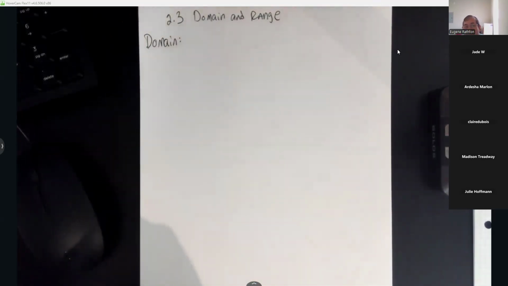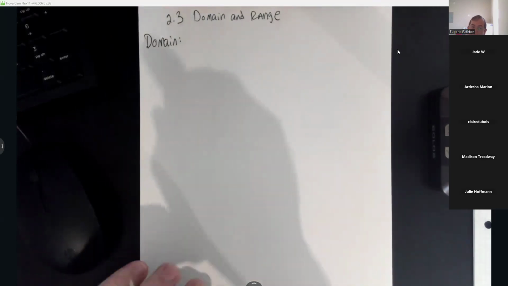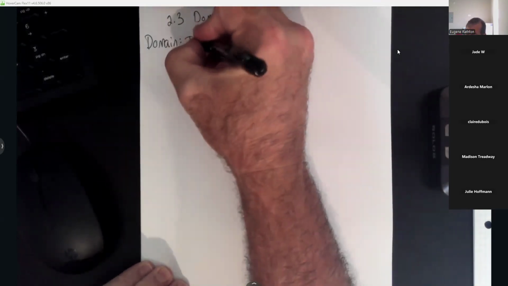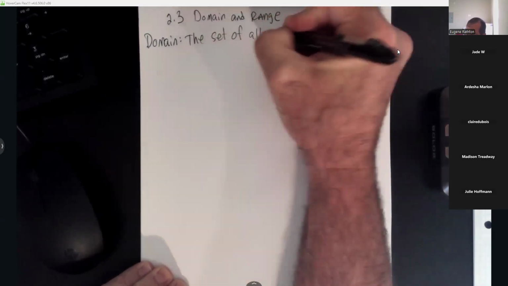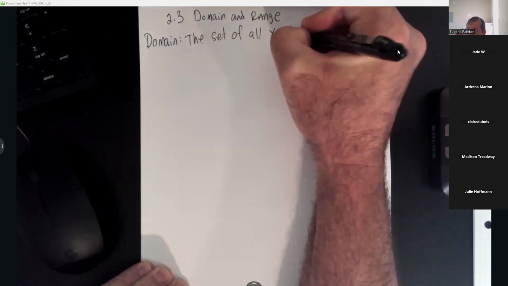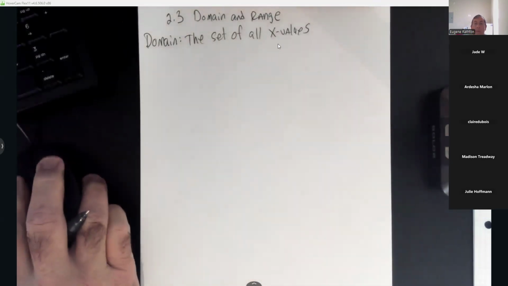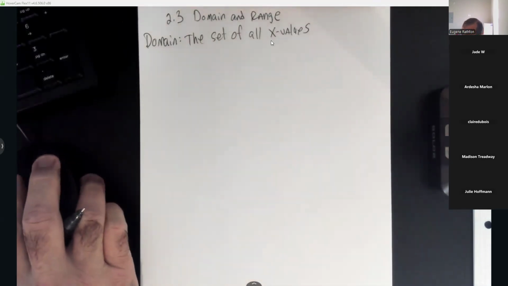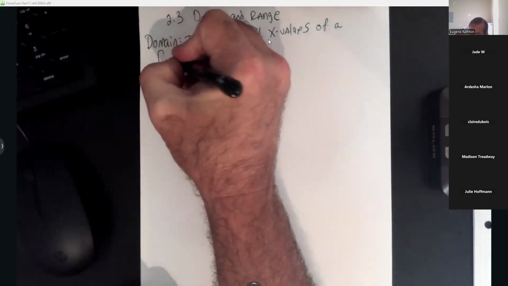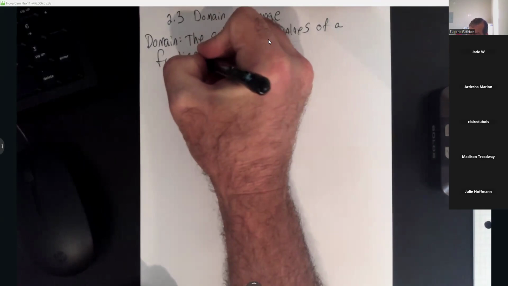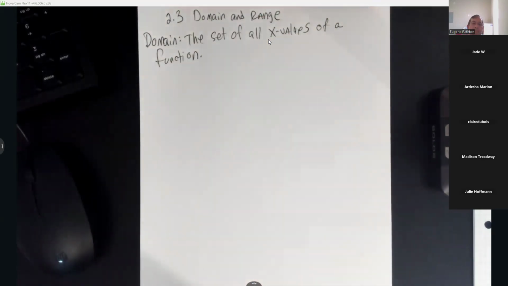All right, so y'all, the domain is going to be the set of all x values of a function. Okay, so it's going to be the set of all x values of a function.